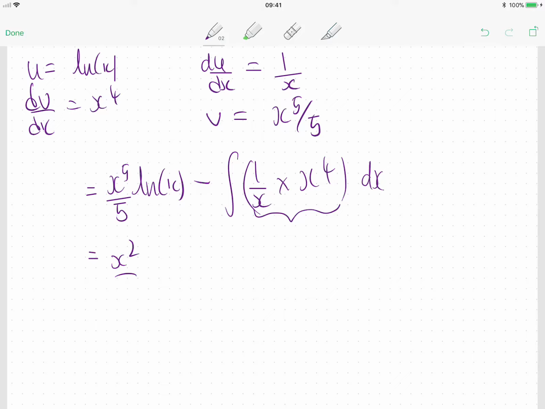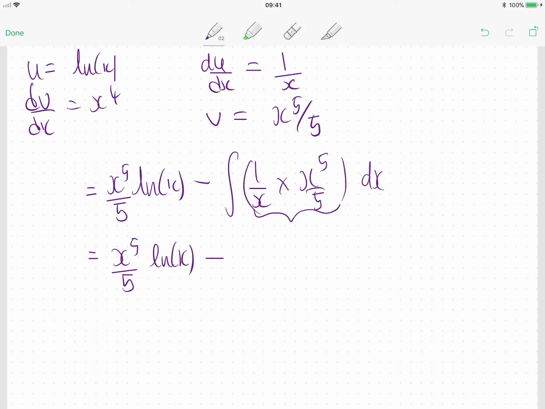So we have x to the power 5 over 5 log x. Okay, so what do we have here? Oh, hang on, this is not right. This should be v. This is x to the 5 over 5.